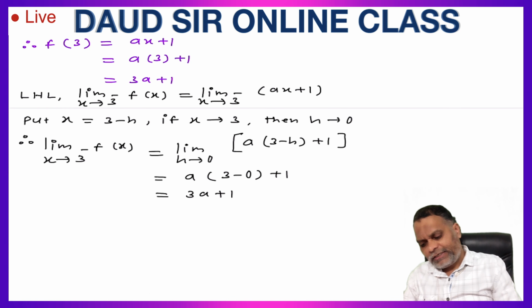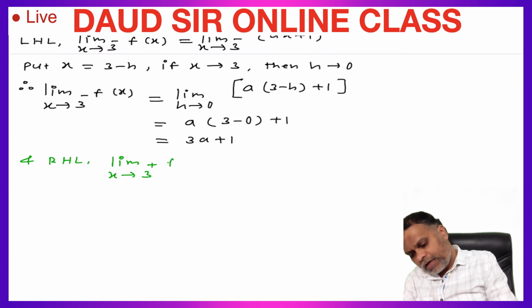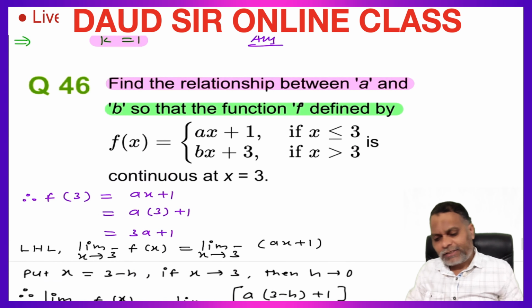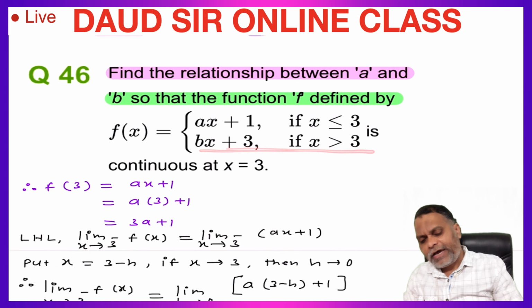And right hand limit: limit x tends to 3 plus f of x is equal to limit x tends to 3 plus, where x is greater than 3, bx plus 3.